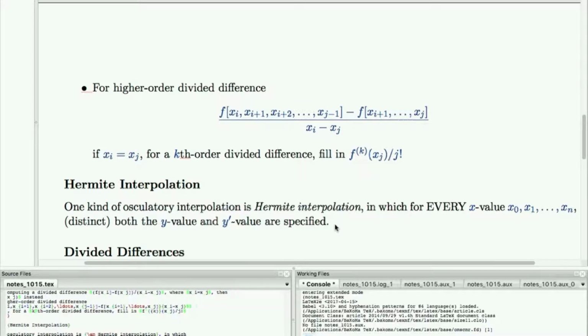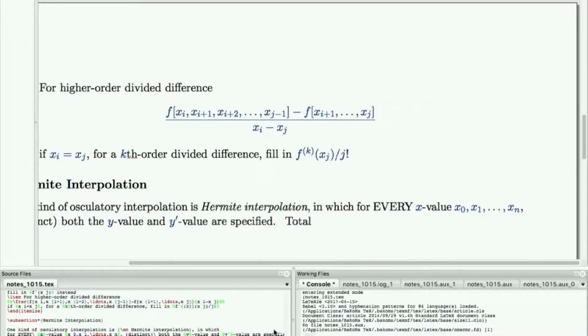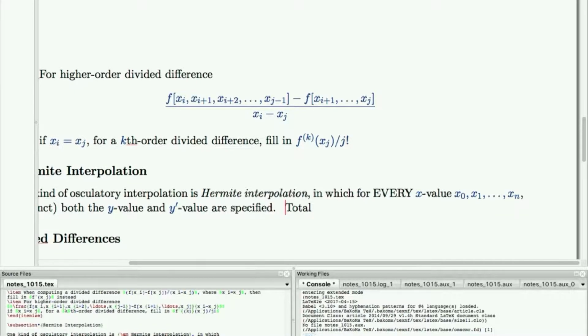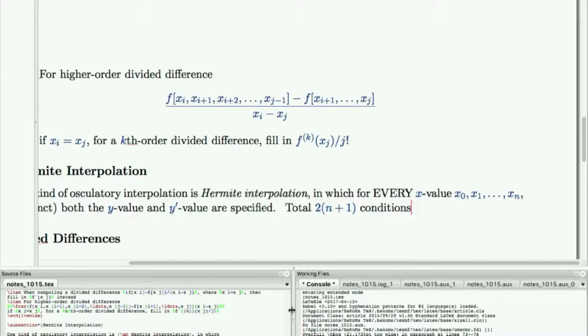So I have a total of 2 times n plus 1 conditions. So that'd be 2n plus 2. Just because you have n plus 1 distinct points, but 2 conditions are imposed on each.